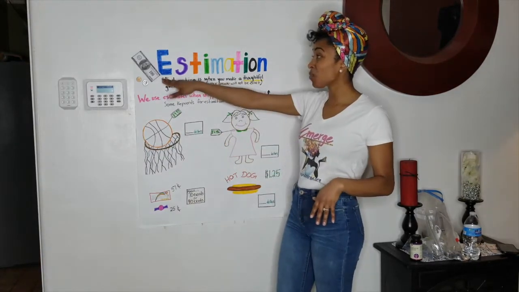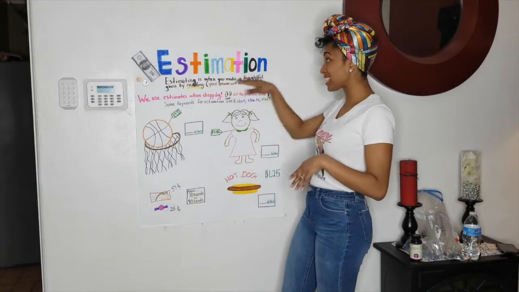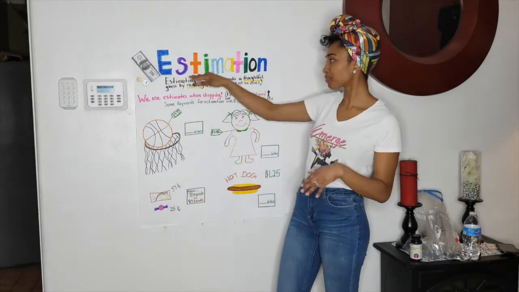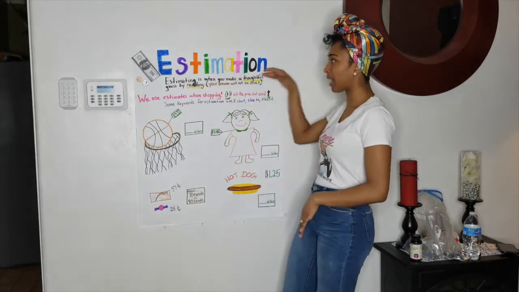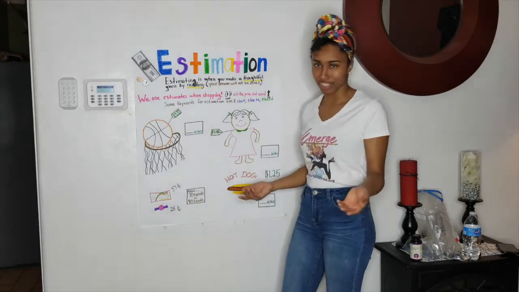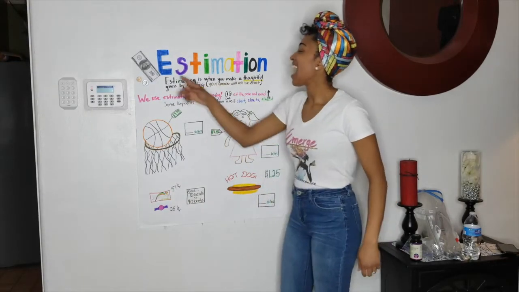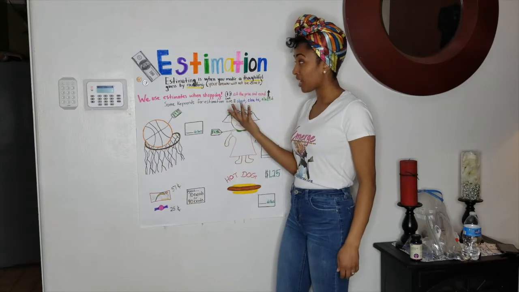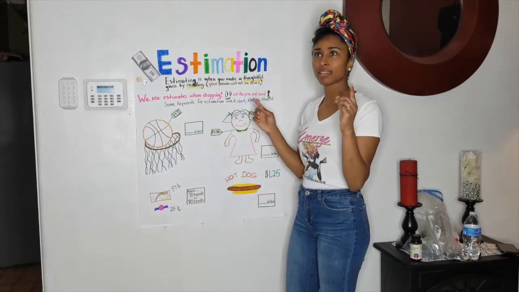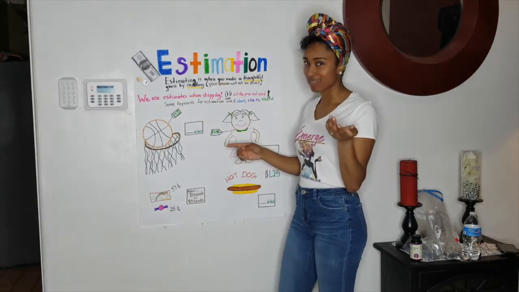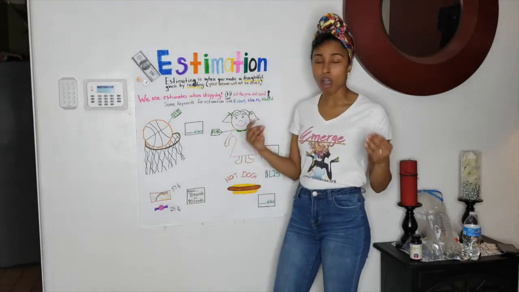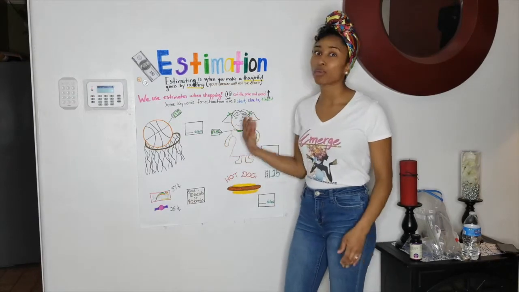Now, this word is called estimation. Say estimation. One more time, estimation. All right, now, what is estimation? Estimating or estimation is when you make a thoughtful guess by rounding.